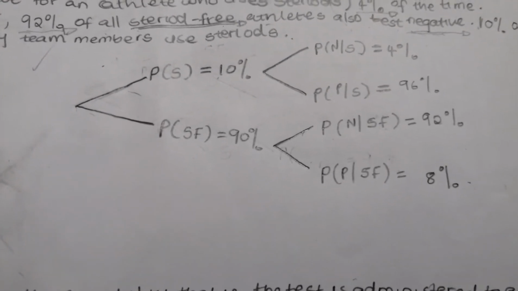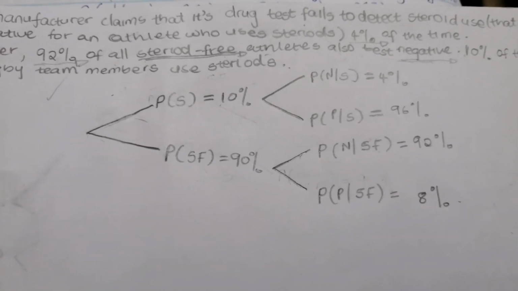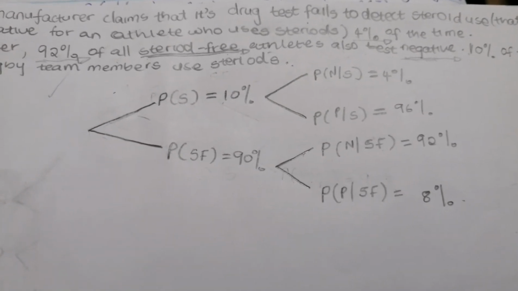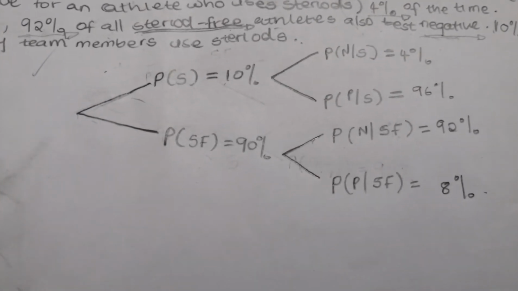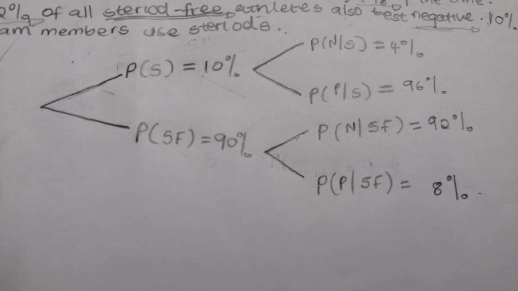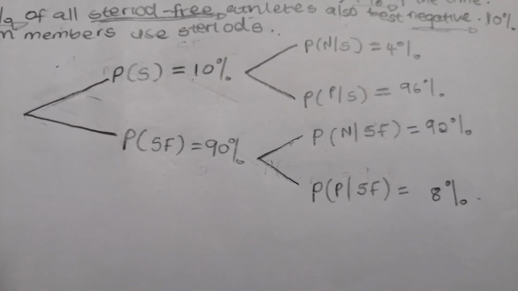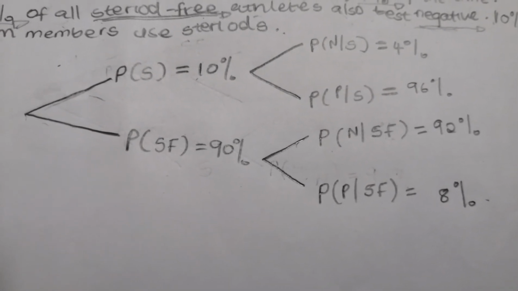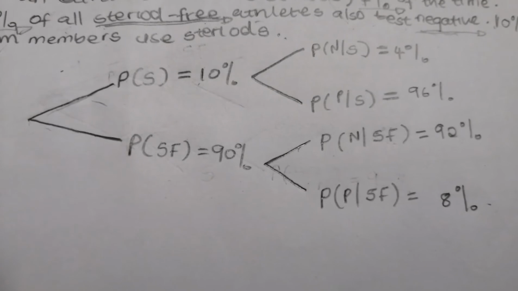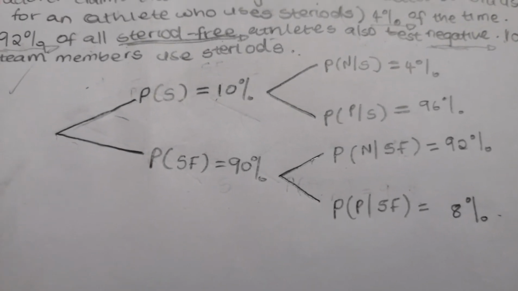Right. So, there is a drug test and they are testing rugby team members. So, it is advisable that you draw a tree diagram for problems like this. So obviously the drug test will be used on people. That's why we started with this.